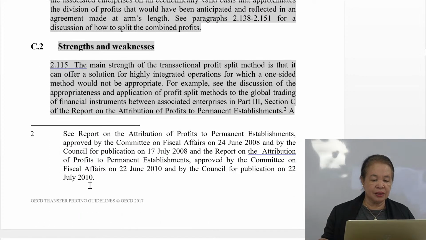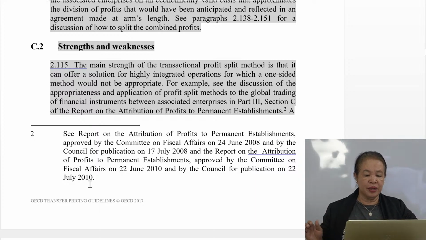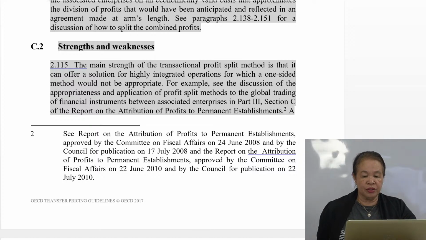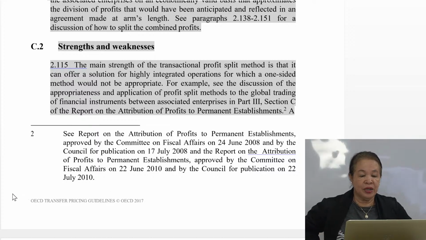Strength and weaknesses. The main strength of the transactional profit split method is that it can offer a solution for highly integrated operation for which a one-sided method would not be appropriate. So pagka highly integrated operations, pwede nang i-adapt mo yung profit split.